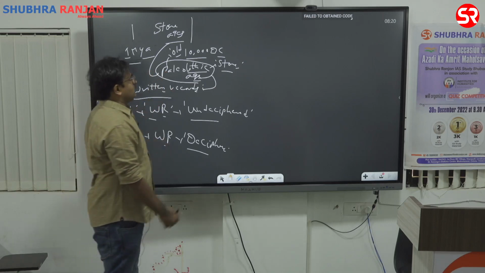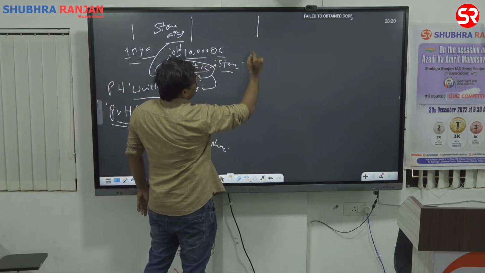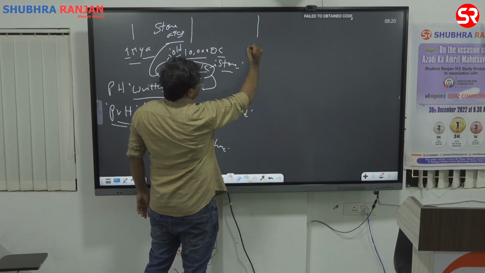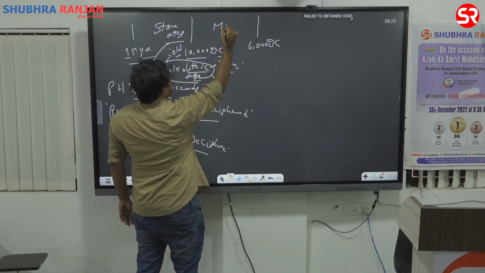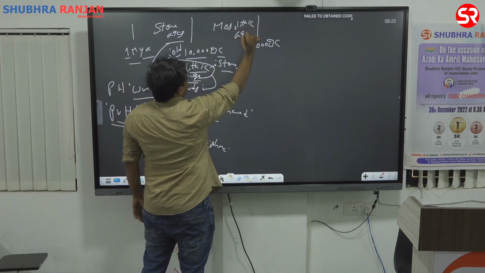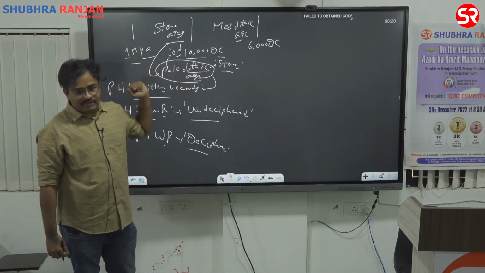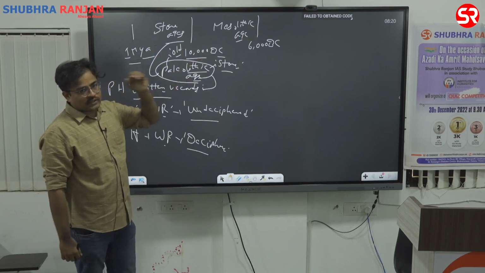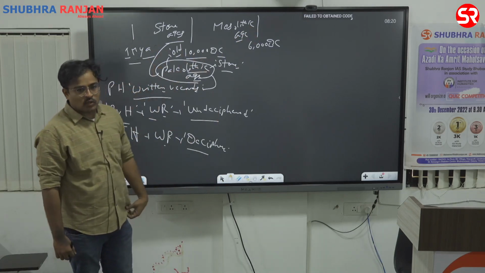Then from 10,000 BC to roughly 6,000 BC is the period of the Mesolithic age. The time periods vary from region to region, but broadly across India, this is the standard accepted timeline. So 10,000 BC to 6,000 BC, for 4,000 years, we have this age known as the Mesolithic age.